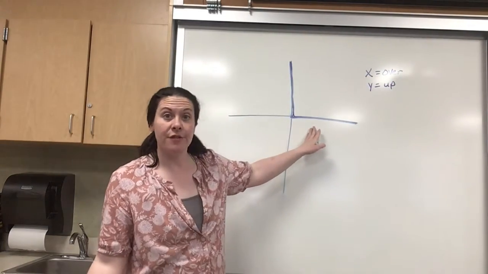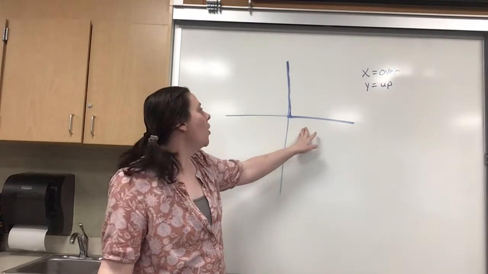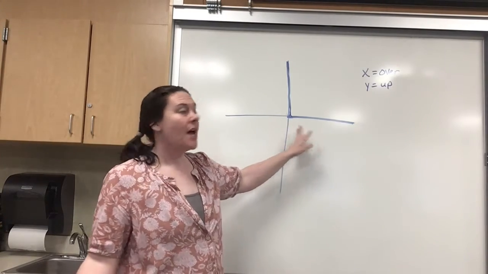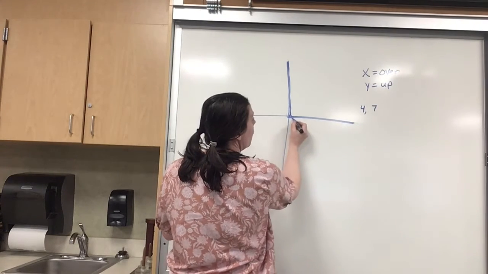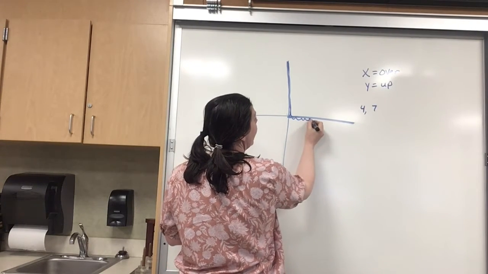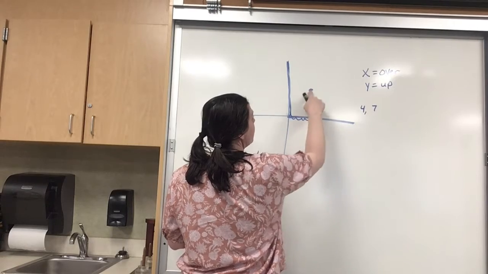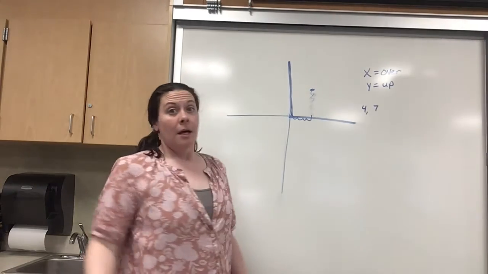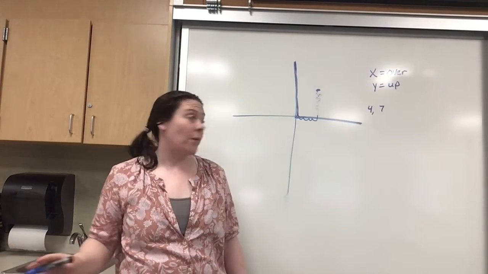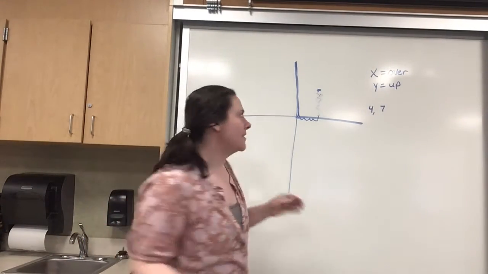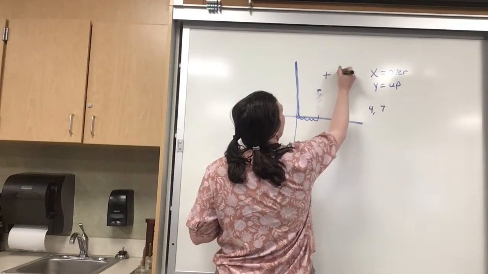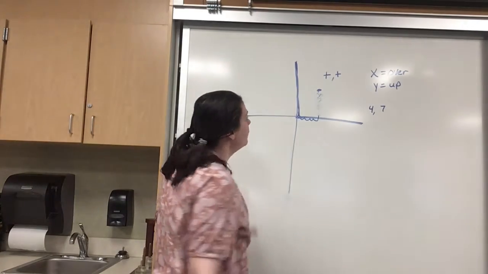So when we're playing on just the first quadrant, you get a number like 4, 7, and that means over 4 and up 7. Like, here's the point. That's basically how all 4 quadrants work, except it's 4 and 7, that is positive 4 and positive 7, because you're going over and up, positive, positive.